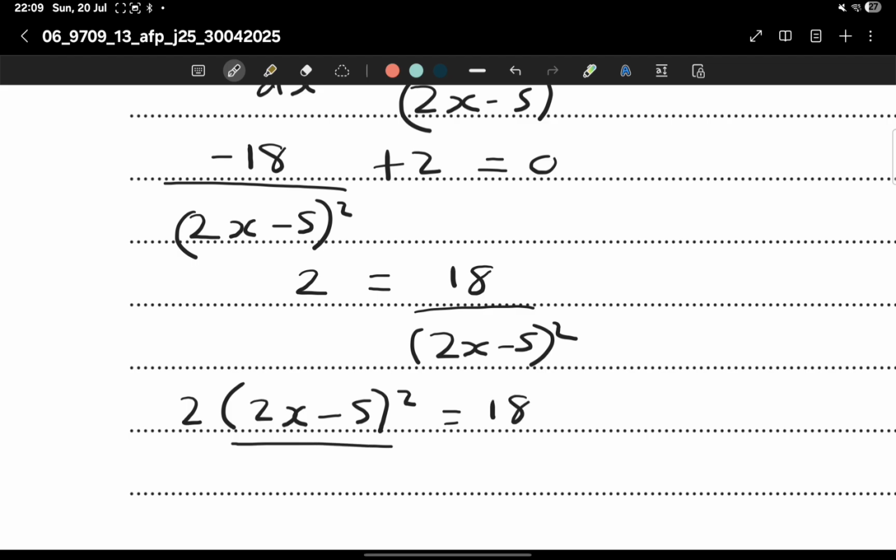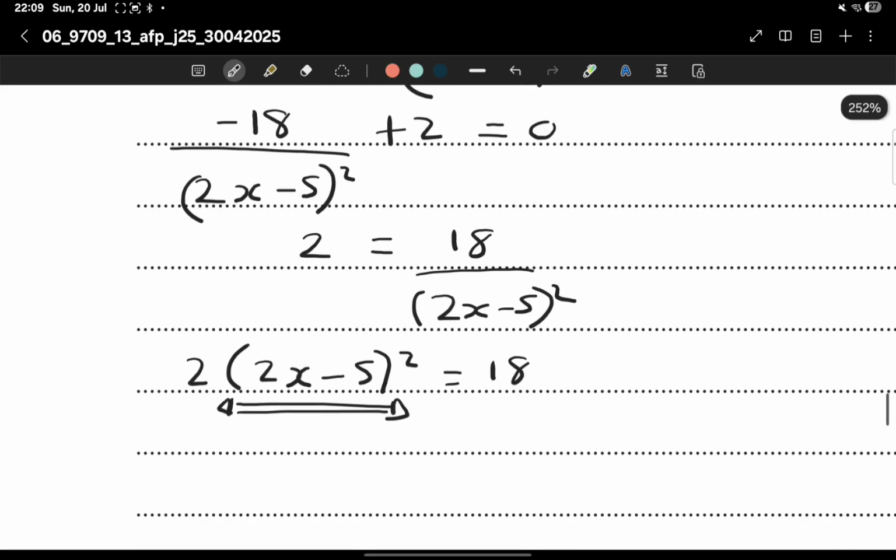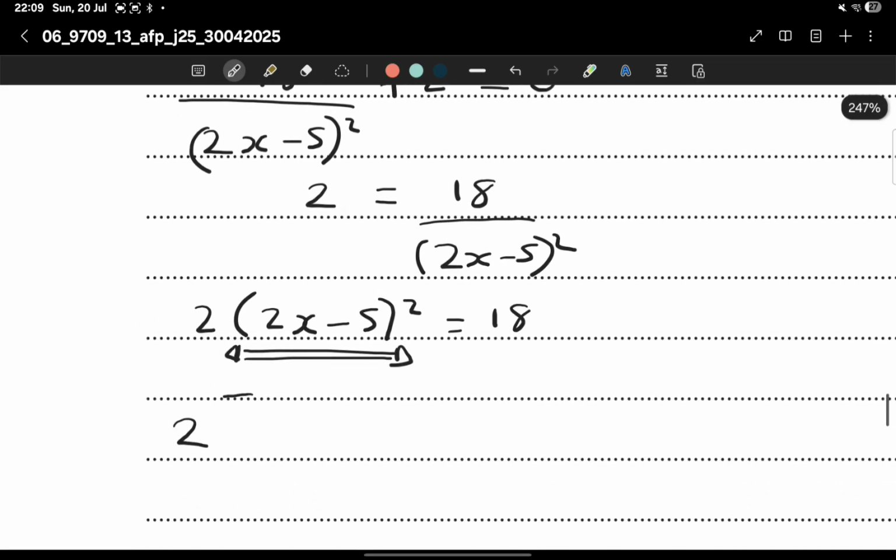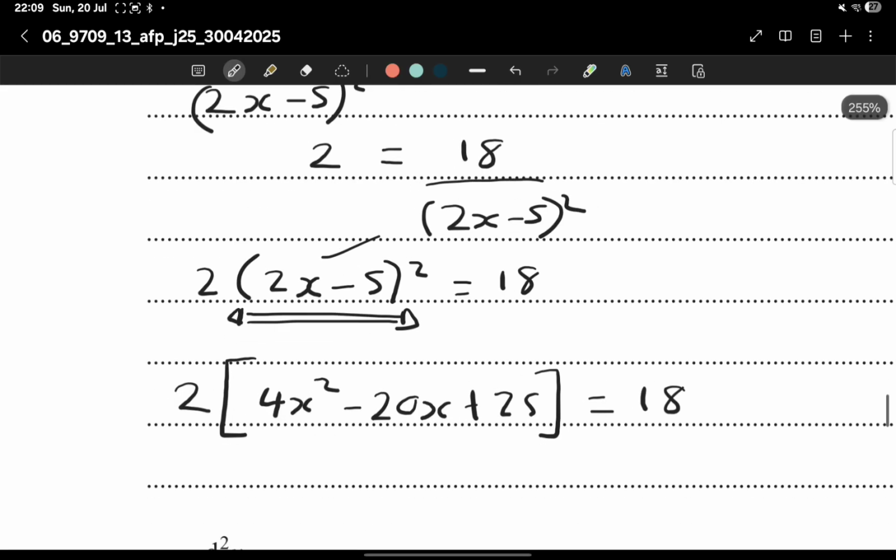So we're just going to expand this, then multiply the whole expansion by 2. So it will be 2 square bracket, 2x times 2x is 4x squared minus 20x plus 25, that's what we get after expanding this, equals 18.